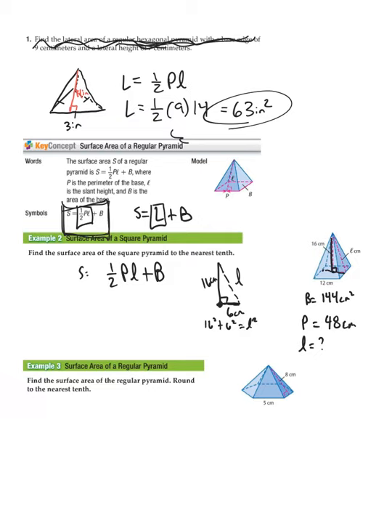I've got to get my calculator out, apologize. 256 and 6 squared is 36. So 292 equals L squared. We square root 292.